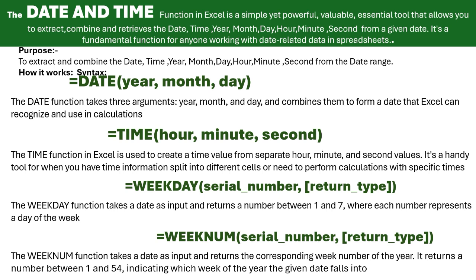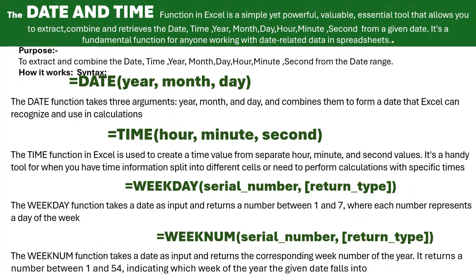Now the week number function. The week number function in Excel is designed to determine the week number of a given date within a year. It helps you categorize and analyze data on a weekly basis. Let's understand how this function works.